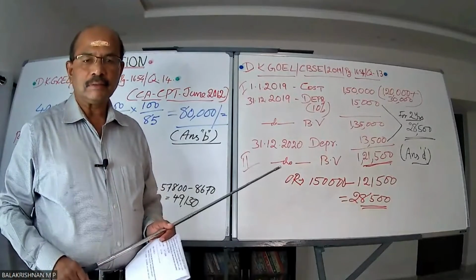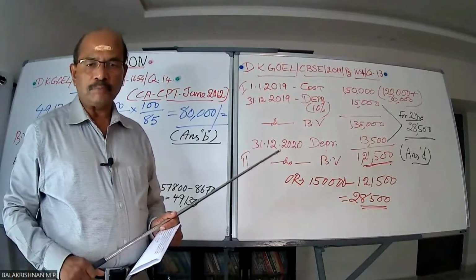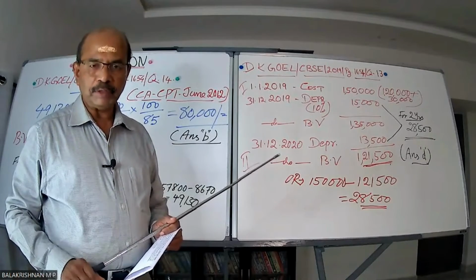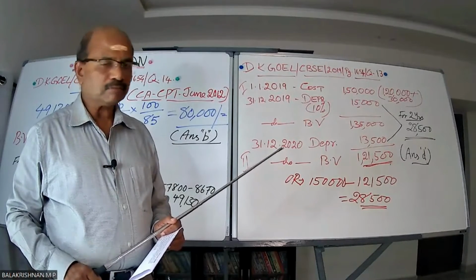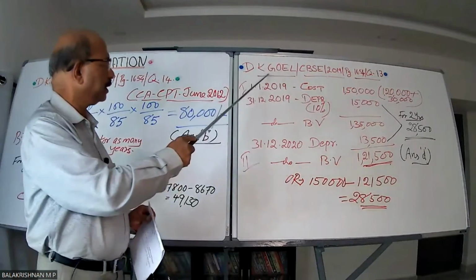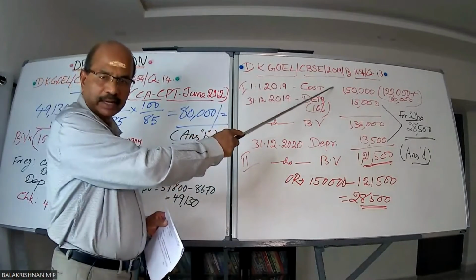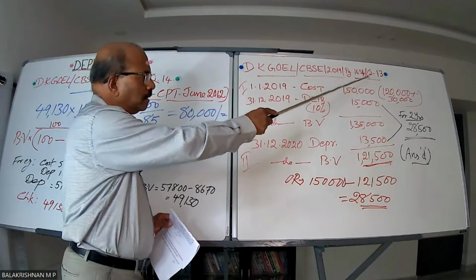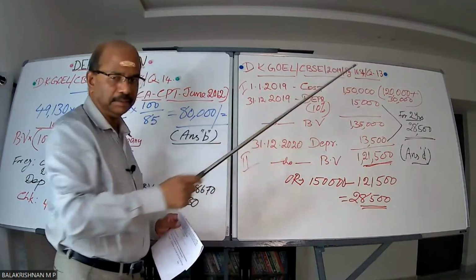So students, already one objective type question I have worked out for you at the very beginning of this class. The second one of the day is this one. DK Goel, CBSE 2019 edition, page number 16.54, question number 13.